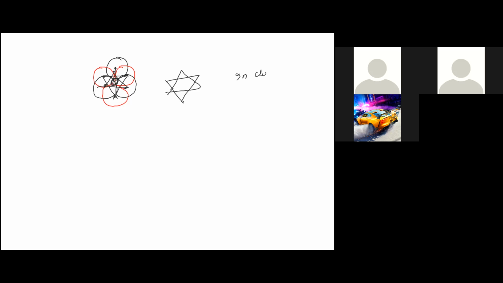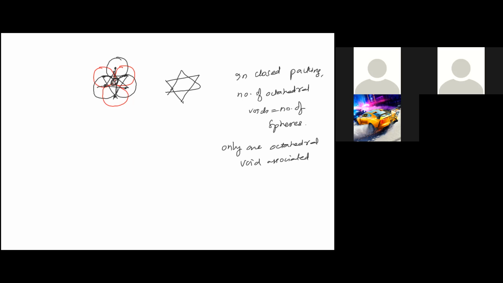Also, in closed packing, the number of octahedral voids is equal to the number of spheres. There it was double, no? So there is only one octahedral void associated with each sphere or each atom or whatever we consider.